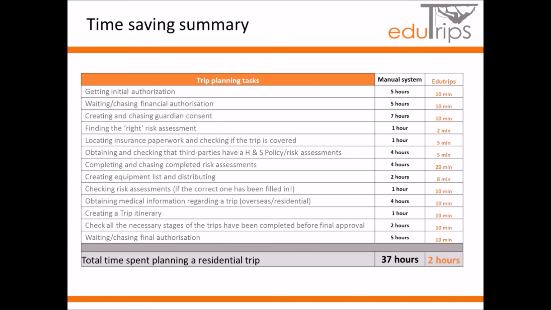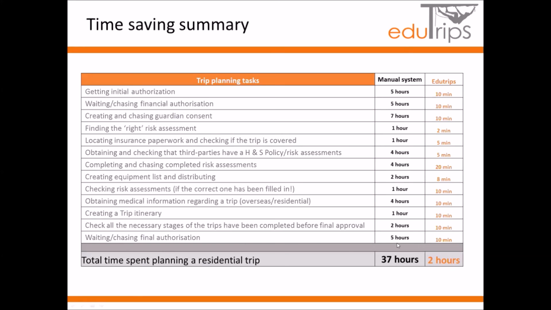Again, that's done online with the parent. Creating a trip itinerary, and checking that all the necessary stages of the trip have been completed before final approval, and that you have that information readily available either online or ready to print out. And then finally, just waiting for the final authorisation before you can actually run the trip.